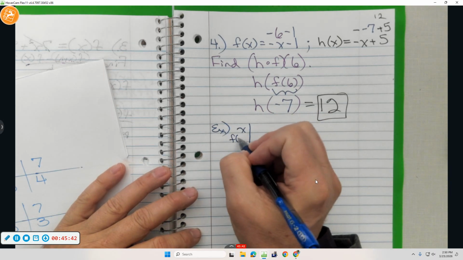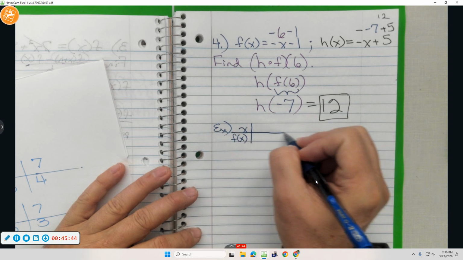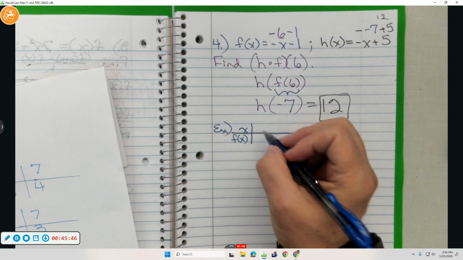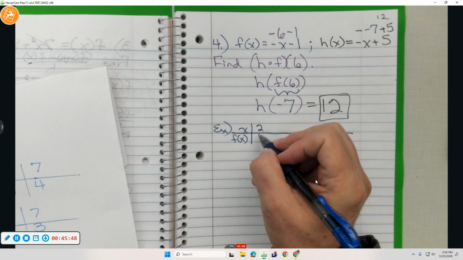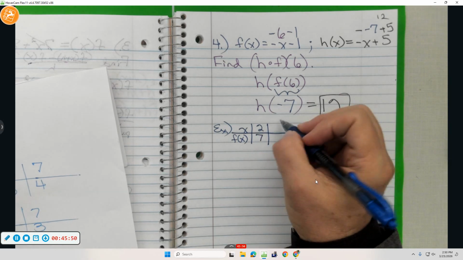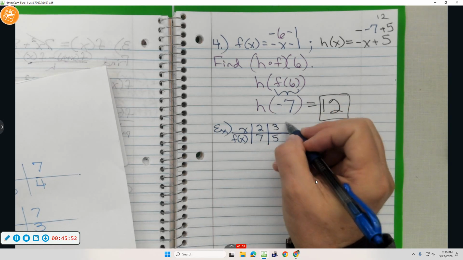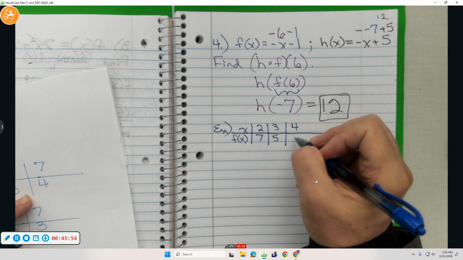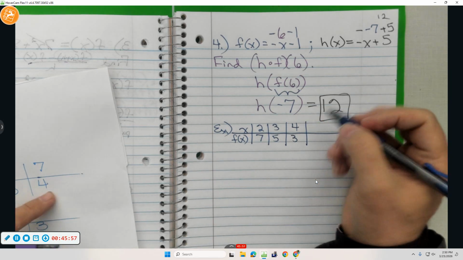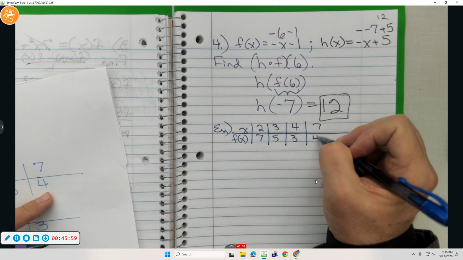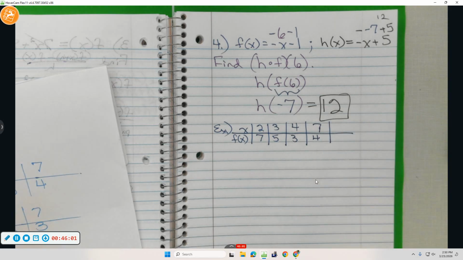The first one is f of x. F of x assigns 2 to 7, 3 to 5, 4 to 3, and 7 to 4. And we have another function. I'll name this one g of x.